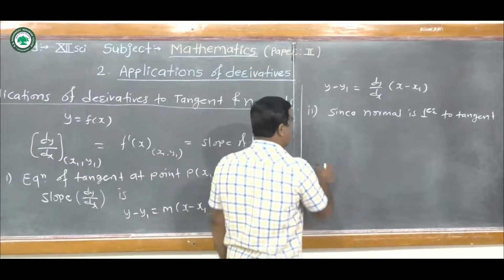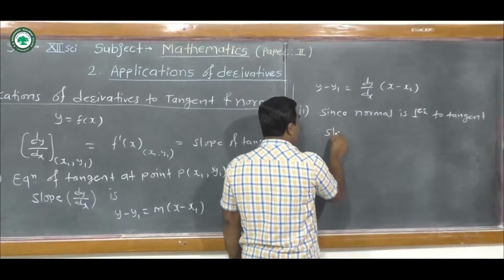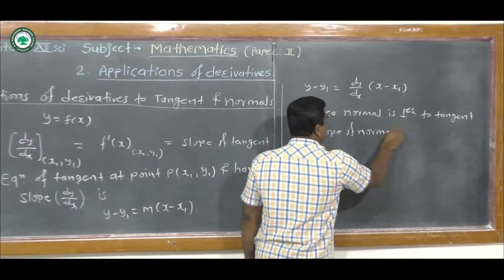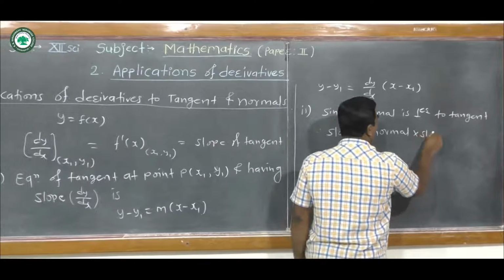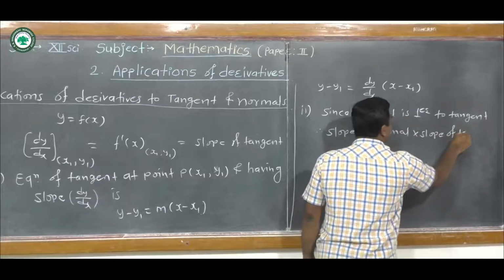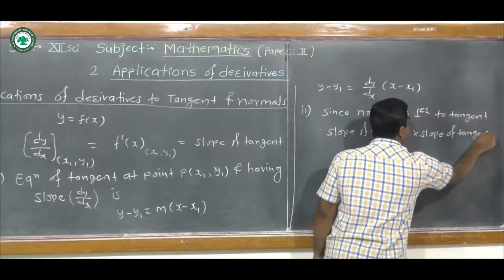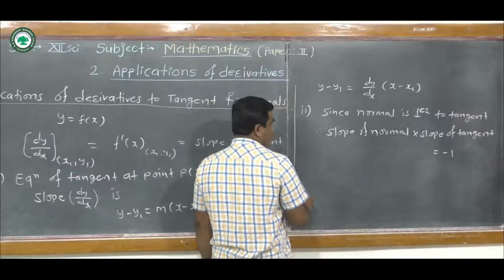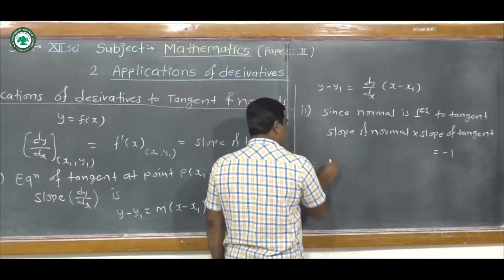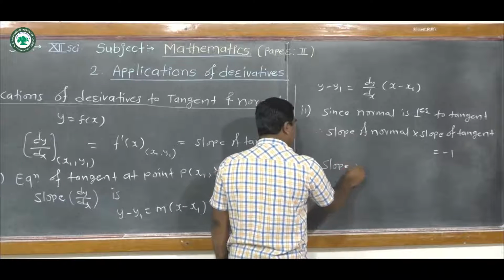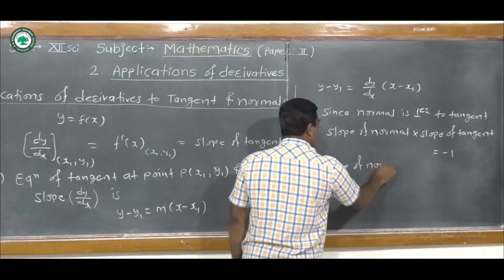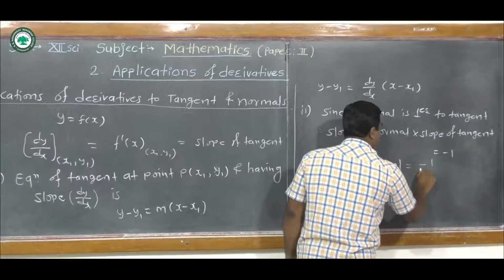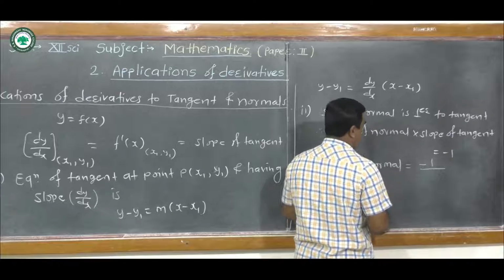Using this formula, we can write that slope of normal into slope of tangent is equal to minus 1. Now slope of normal is equal to minus 1 upon slope of tangent.